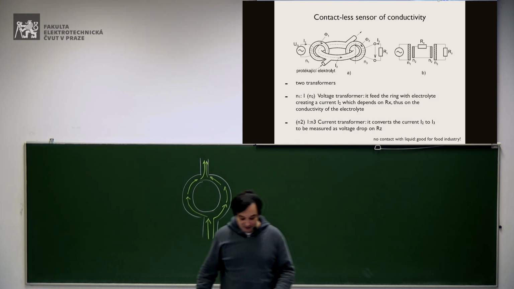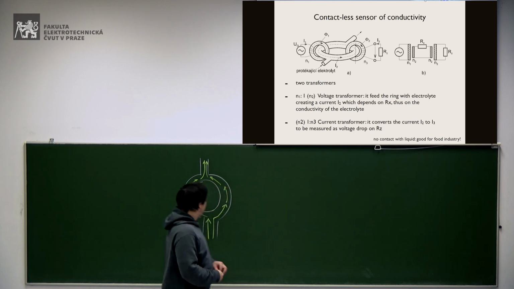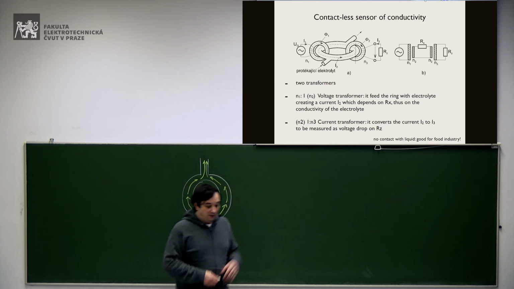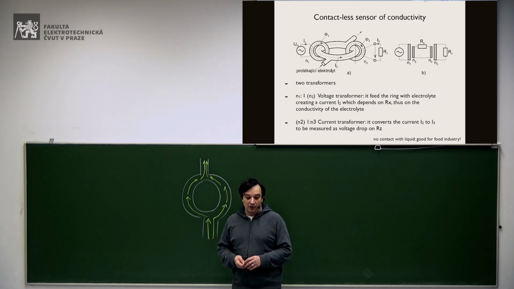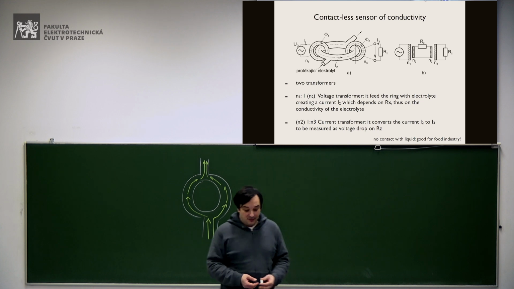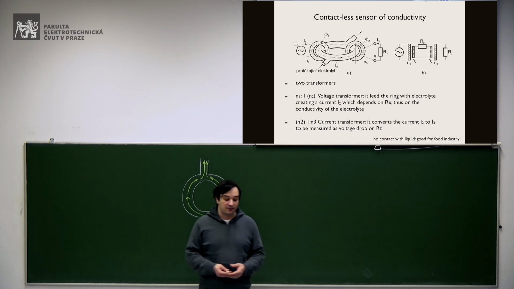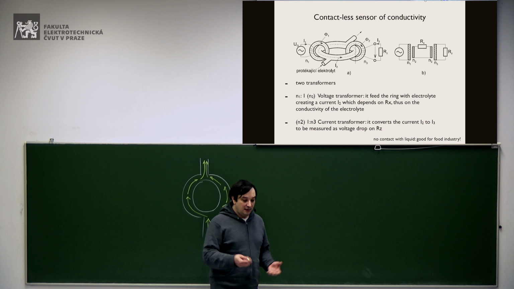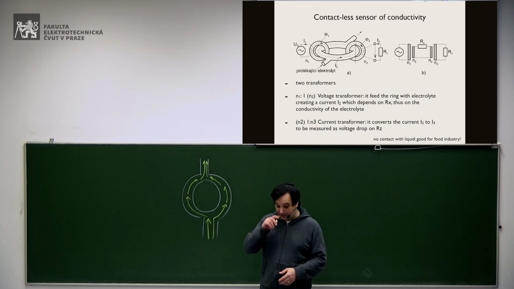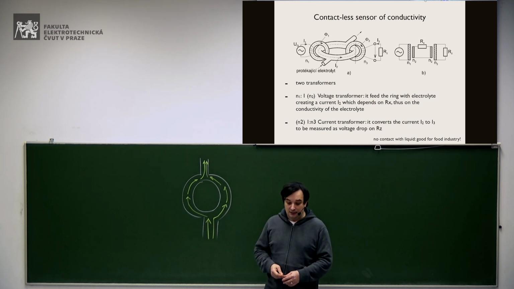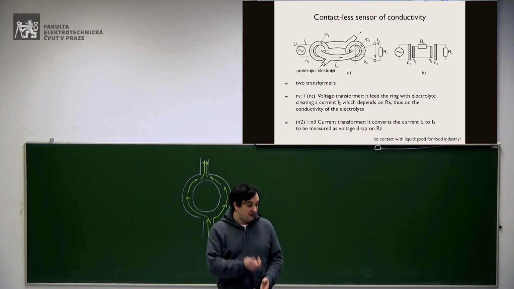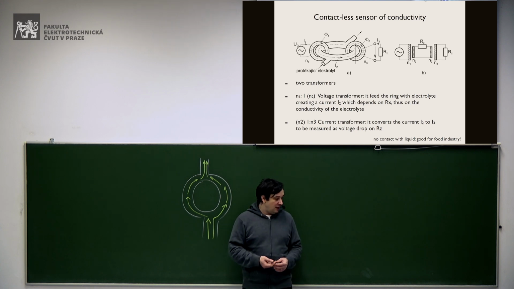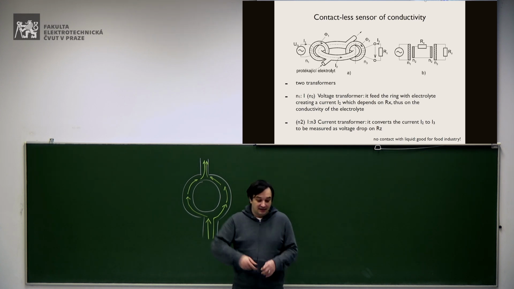On the first side of this ring, you have the first transformer. You have a ferromagnetic core. You have a coil with N1 turns, and then you have a power supply which generates a voltage, UG in this case. The first part of the transformer is straightforward. You have a ferromagnetic core, and simply you create a magnetic flux.